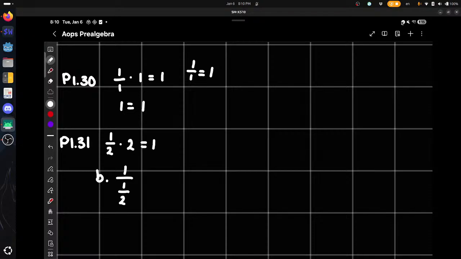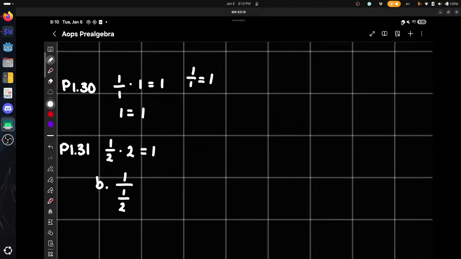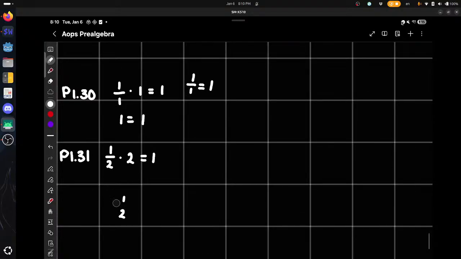I'm not too sure what they're asking for. Using part A. Okay, let's think about part A again. What is the product of 1/2 times 2? Okay, I know the answer is 1. But what are they trying to say?